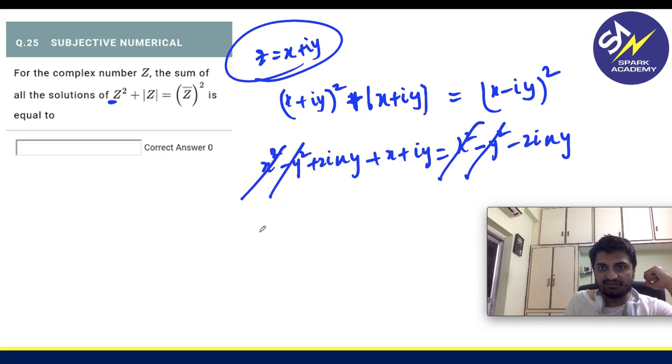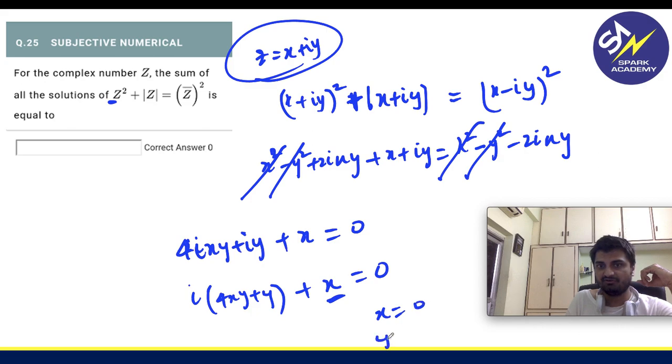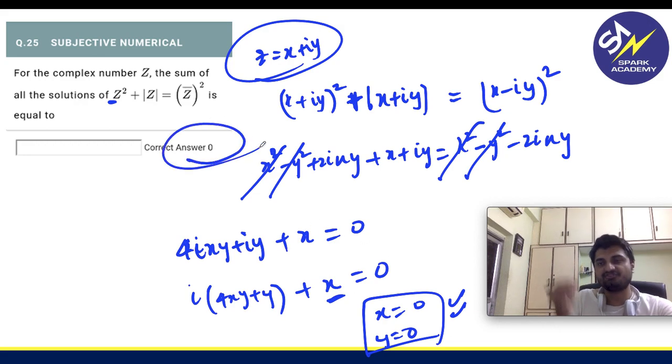So this you send it to the other side, 2ixy, 4ixy plus iy plus x equals to 0, or I common, 4xy plus y plus x equals to 0. So real part is 0 means x 0, y will also be 0. So what are the sum of the solutions? 0, 0. So answer will be 0.